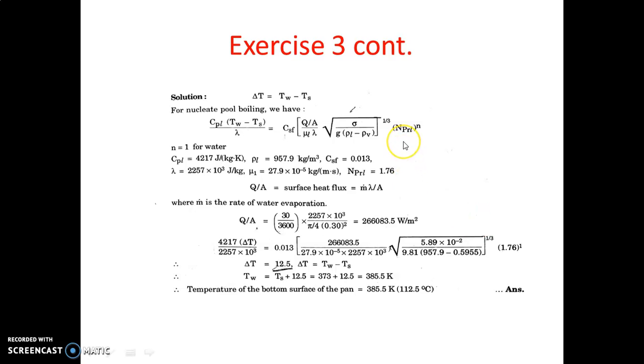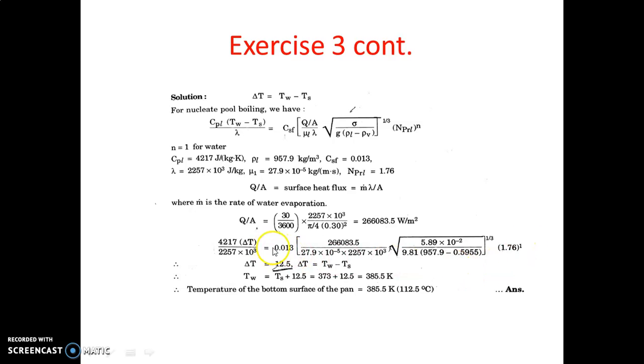Multiply by the Prandtl number. The Prandtl number value is also given directly here, so it is not necessary to calculate: 1.76. We have already discussed that this n is nothing but the power, which is equal to 1 for water and 1.7 for other liquids. Here we are using water for boiling, so we just take this power as 1.